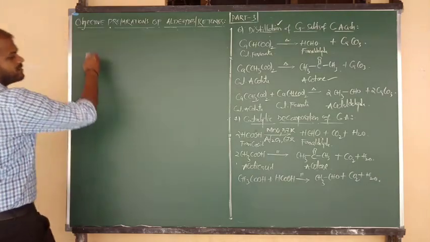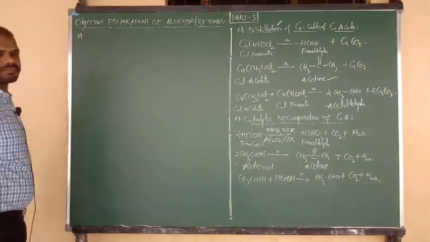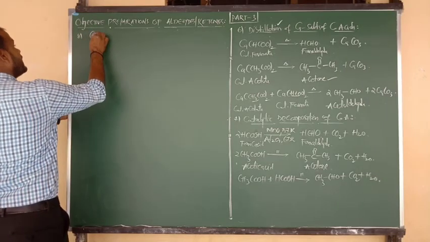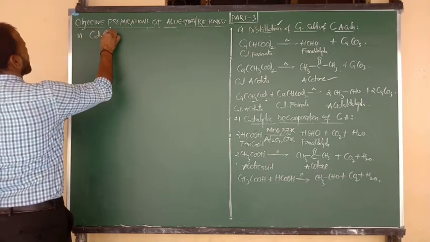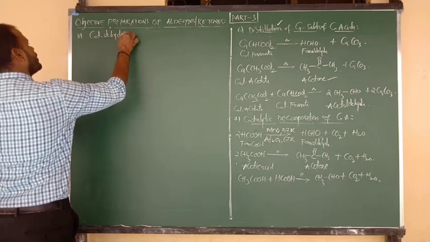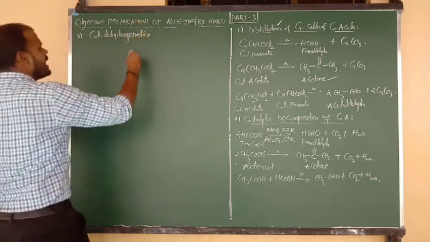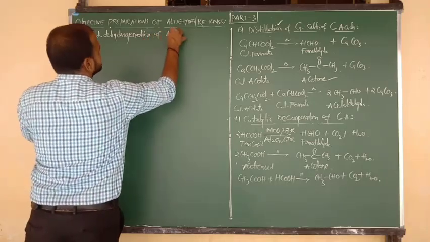Now let me explain another topic, which is the 8th one, the reaction catalytic dehydrogenation of alcohols. This topic we have studied in the alcohols topic. Catalytic dehydrogenation of alcohols.